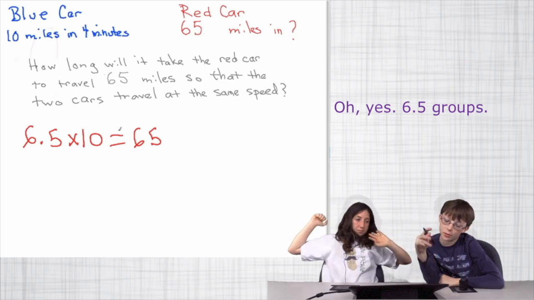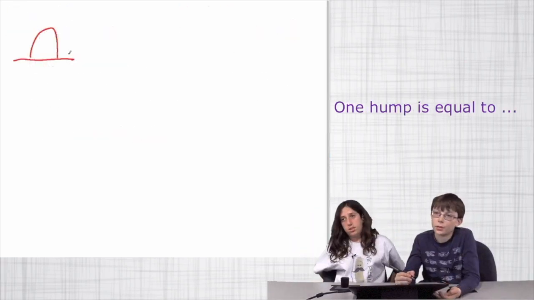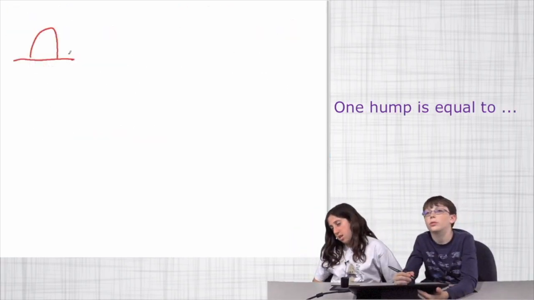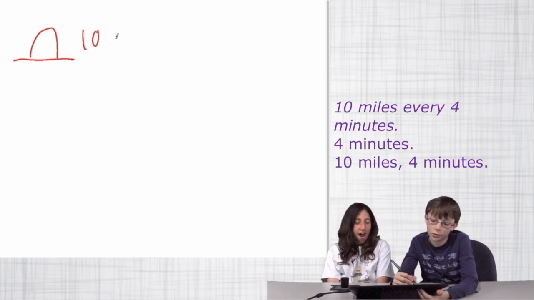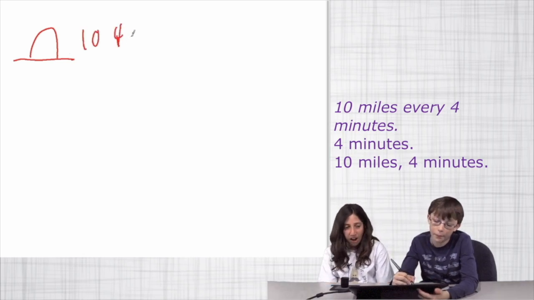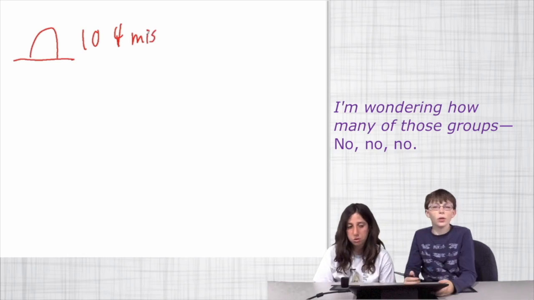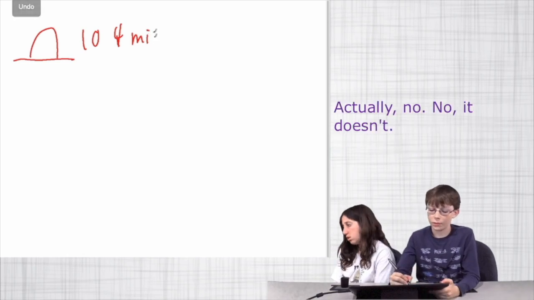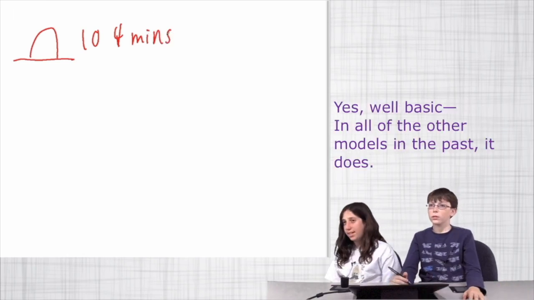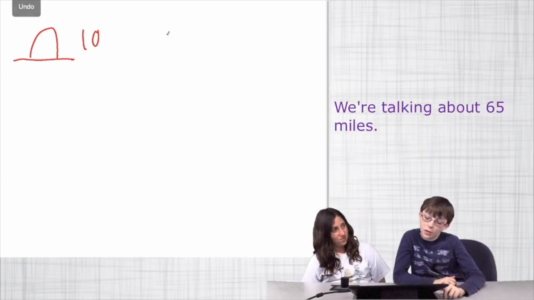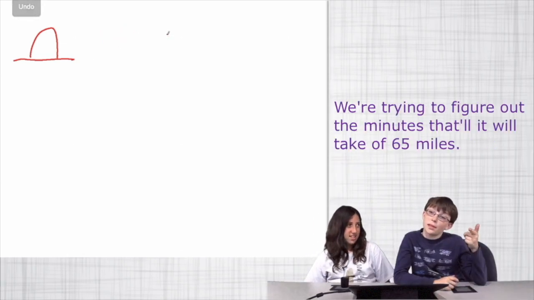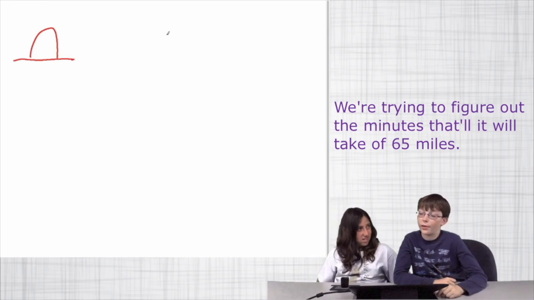Yes, 6.5 groups. One is equal to 10 miles and 4 minutes. So I'm wondering how many of those groups? We're talking about 65 miles. We're trying to figure out the minutes that'll take us 65 miles.